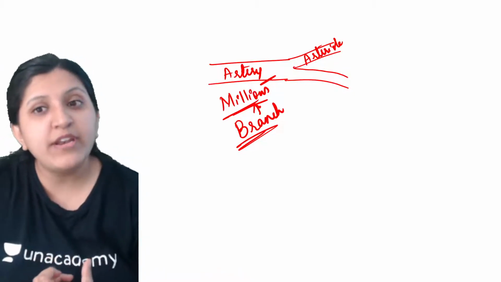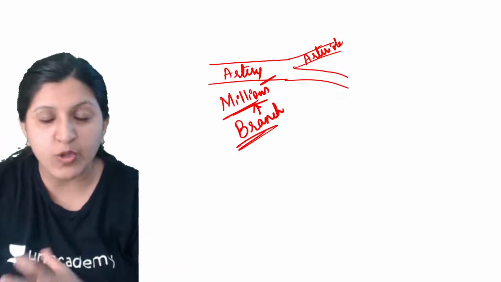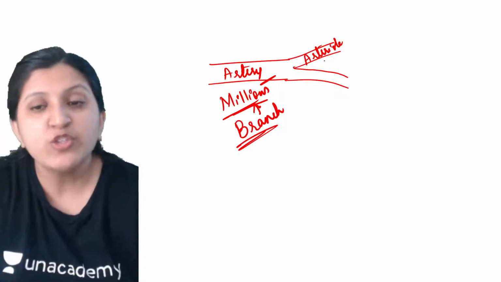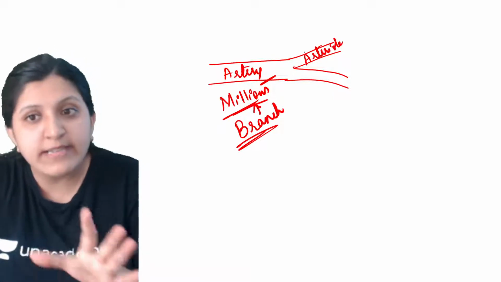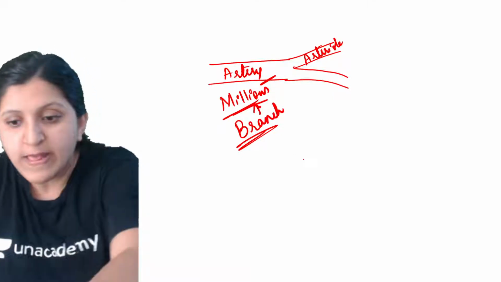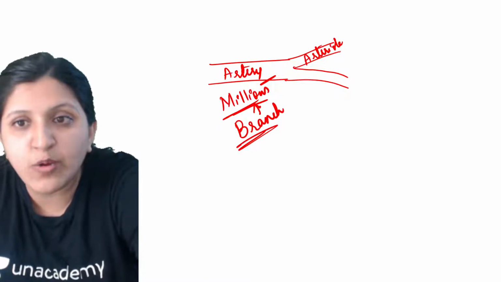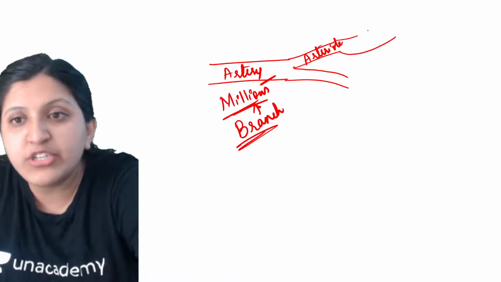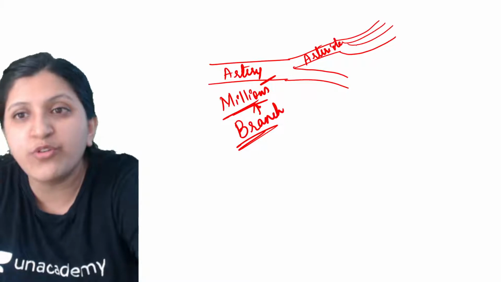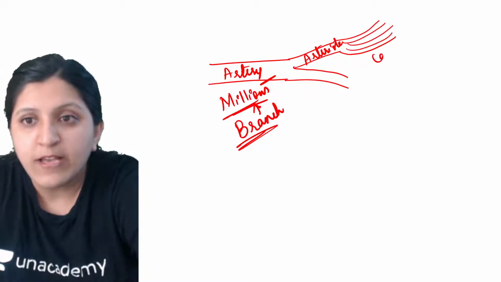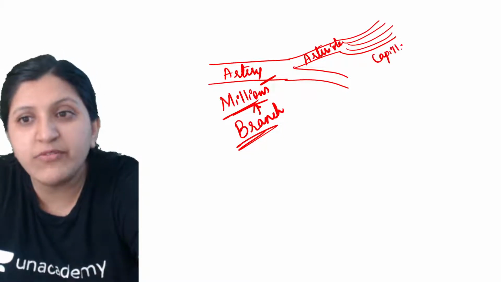So the artery is dividing to form arterioles. Now the arteriole will divide further, and this is going to form a capillary. Capillary formation we can see here.